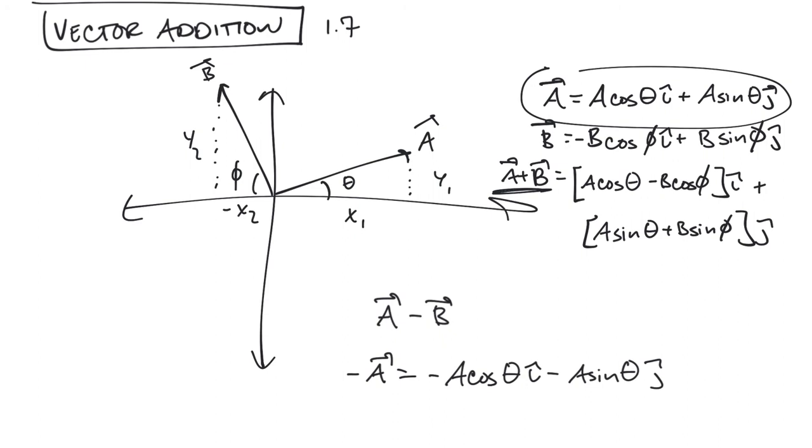Graphically, the negative of a vector is just the continuation of the line out the other side. So vector subtraction is basically just vector addition, but you're distributing a negative through your subtracted vector.